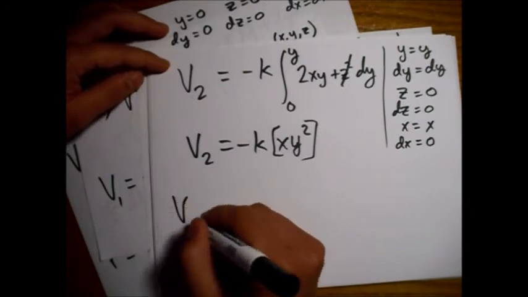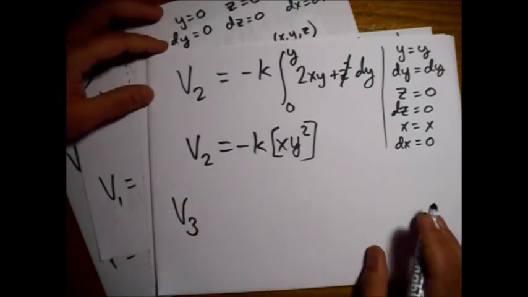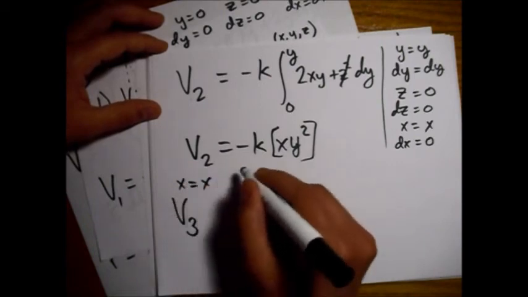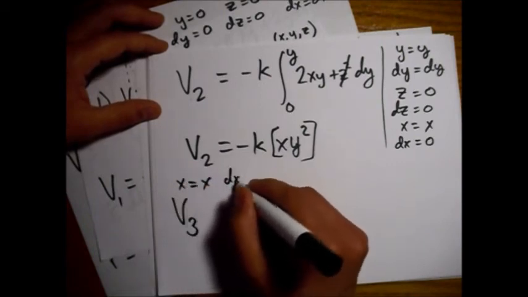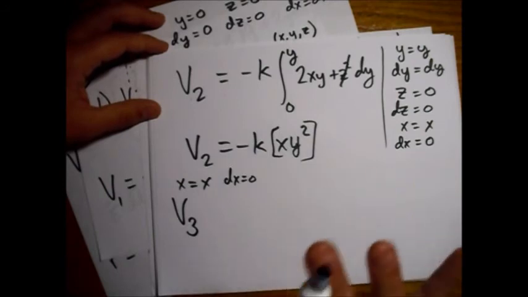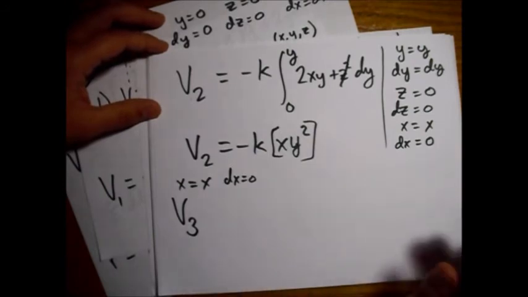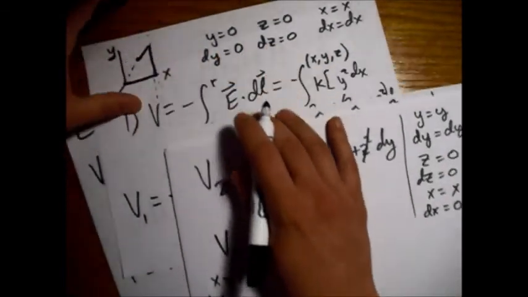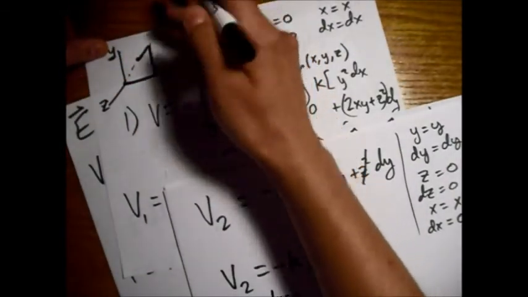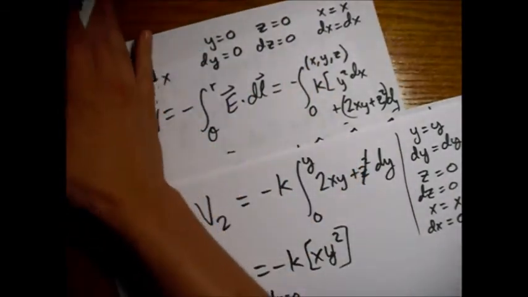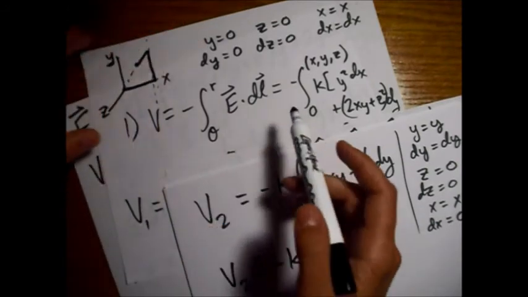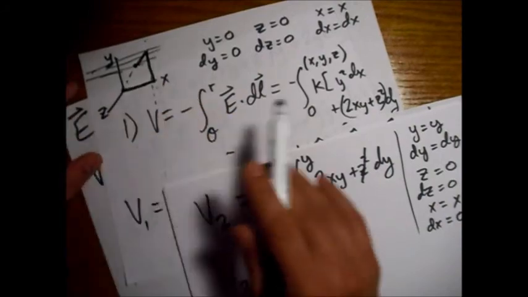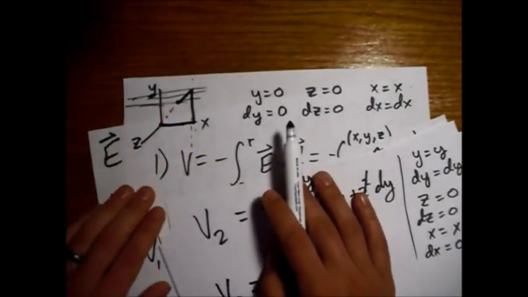All right, now we'll move on to our third path. So now we have x equals x, dx equals 0, because we're not moving along x, we're not moving along y, we're moving along z this time. But we're out in this plane of x equals x, but we're also in the plane here where y equals y as well.